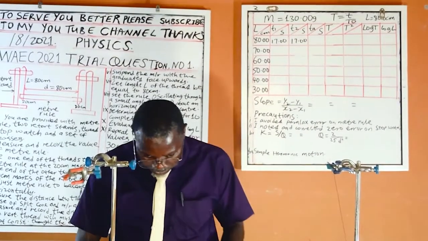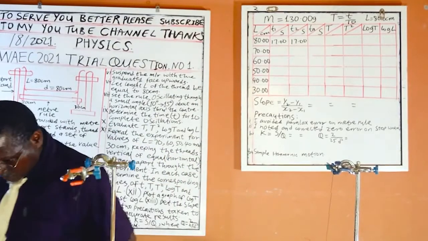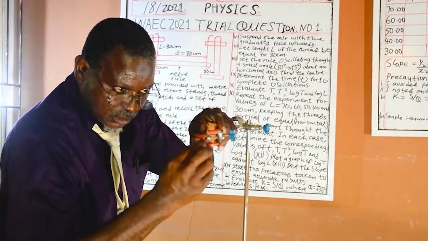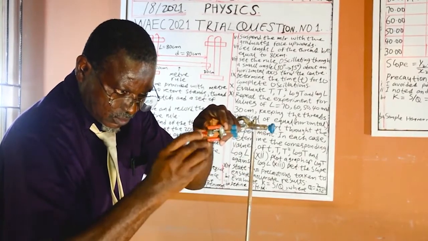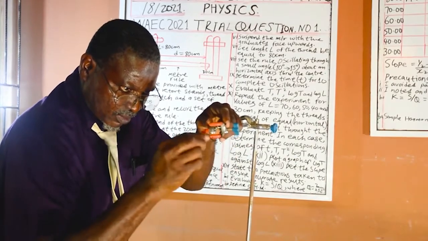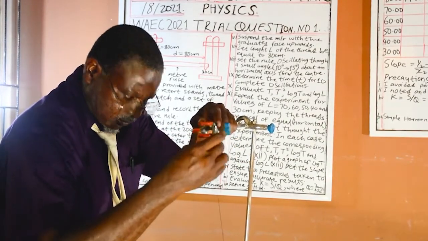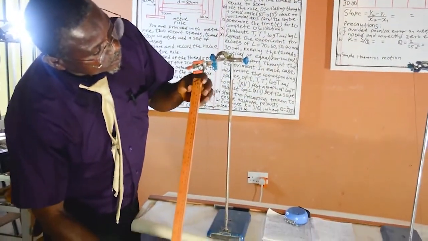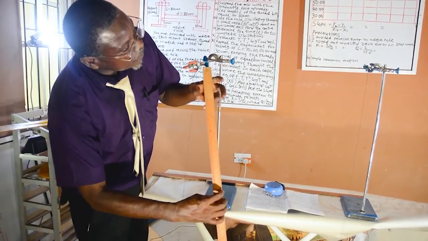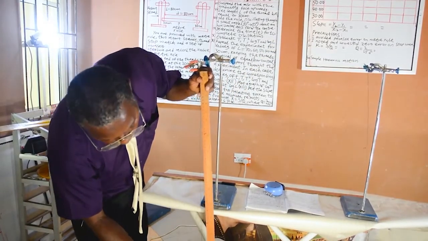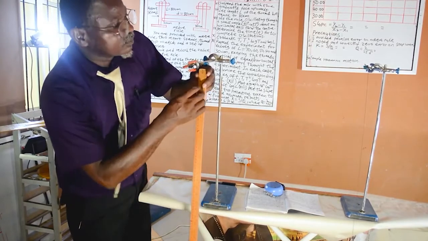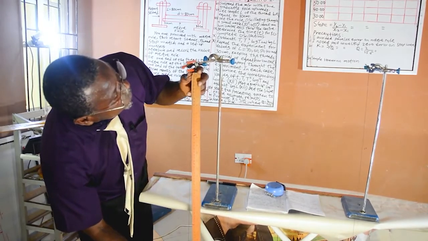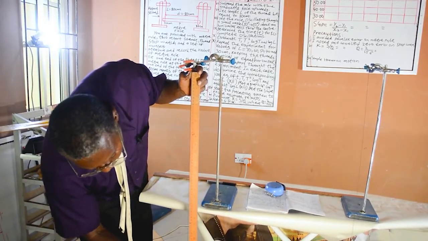Now, we are directed to reduce this by 10 centimeters, from 80 to 70. I'll check it. It's 67. It's 70.